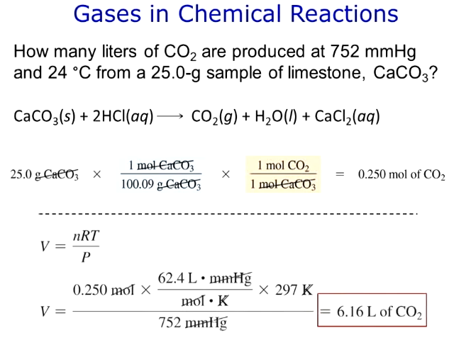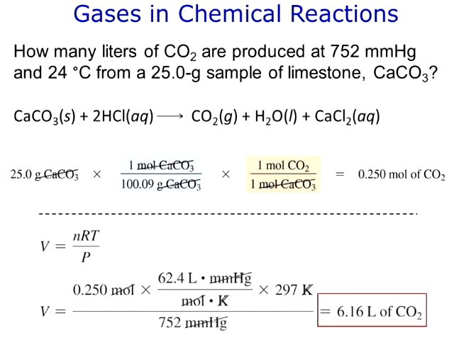We can also use these equations to determine volume based upon a chemical reaction. So let's work a problem. How many liters of carbon dioxide are produced at 752 millimeters of mercury?